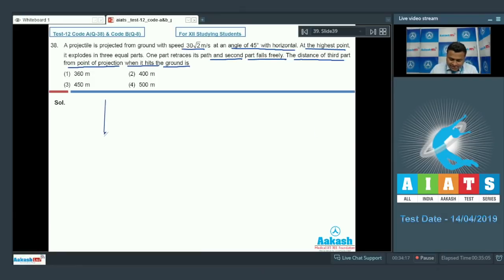Now let us consider these are the axes. This is the projectile we are talking about. Now at the highest point, the explosion takes place and the ball splits into 3 parts. The first one retraces back.